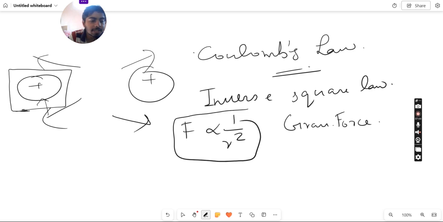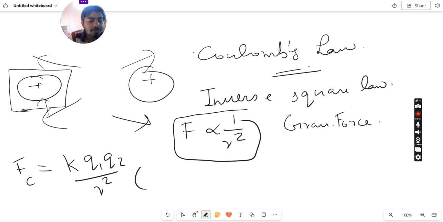And so the Coulomb force we can write as F Coulomb equals some constant K into Q1 Q2 by R squared. Now this Q1 and Q2 are basically the charges involved. So what is this Coulomb force?